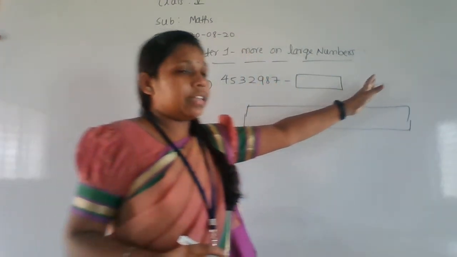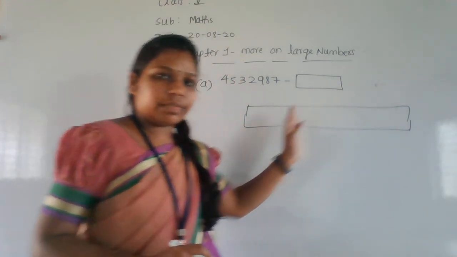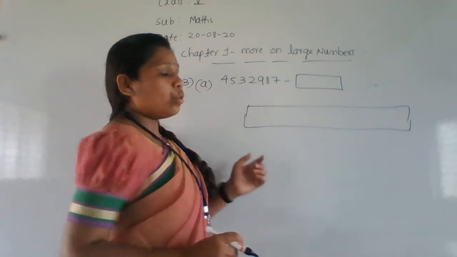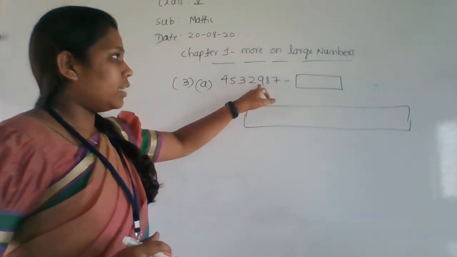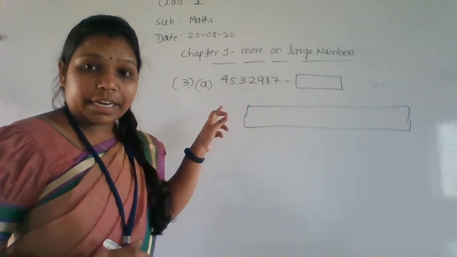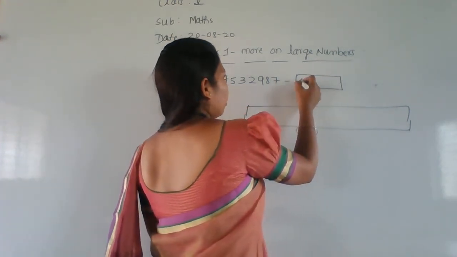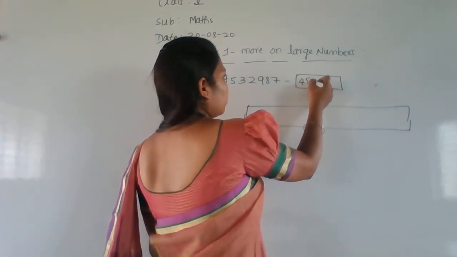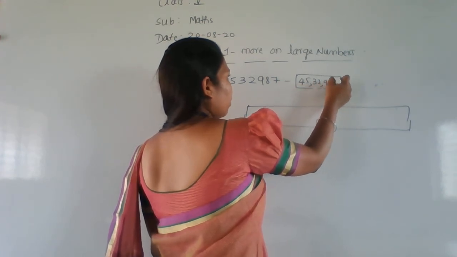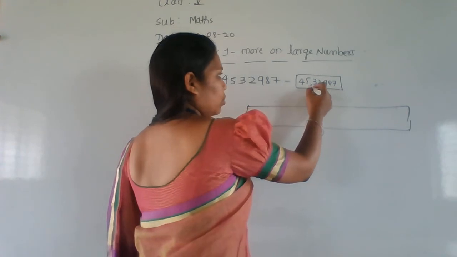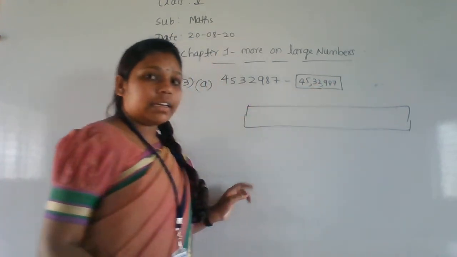Okay, here in that I am not having a space, that's why I am drawing here below. Okay, so here how to put the comma? First 3 numbers, after 2 numbers in Indian system of enumeration. Okay, so that is the 45,32,987. Okay, so like this we have to put the comma here. So just put the commas and write the number name.